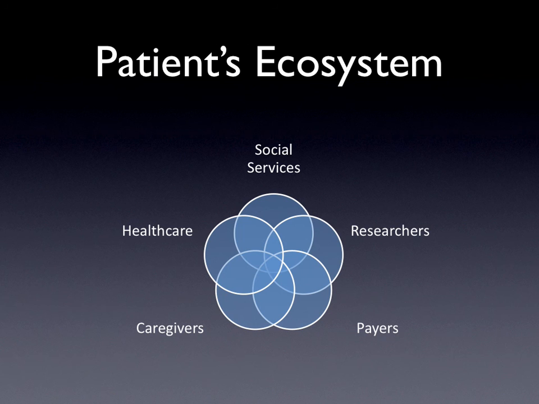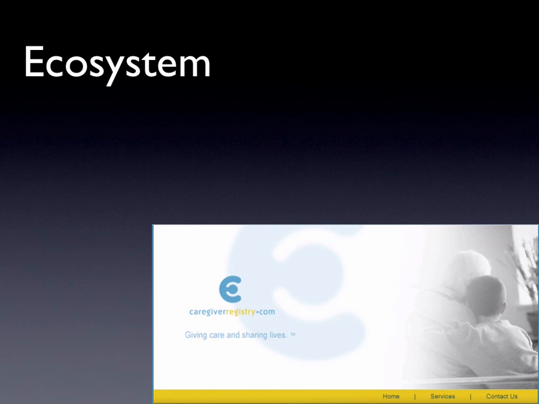I would also mention that patients care about an ecosystem. They care much more about the entirety of things that matter to sustain their wellness, not just healthcare records. There's a lot of emphasis now on aggregating healthcare records, but many other factors are important to participants in these communities.